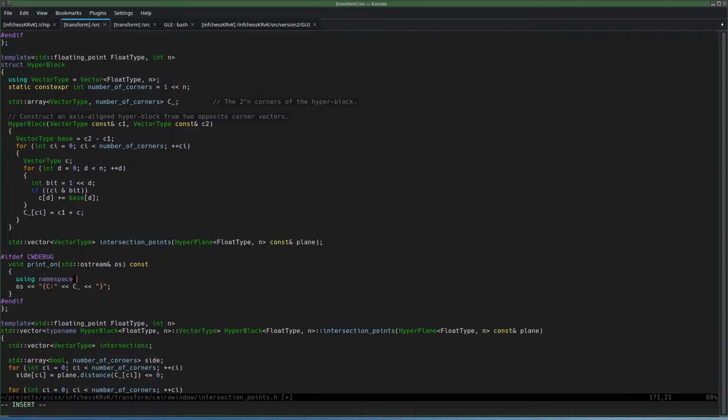This used to work because ADL, argument dependent lookup, would look in the standard namespace because the array is in the standard namespace. But defining anything in the standard namespace is undefined behavior. So not that long ago I changed it. I'm no longer defining the OStream operators in namespace std.